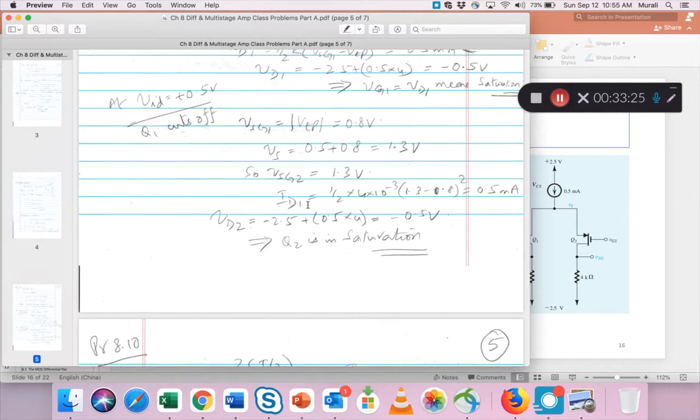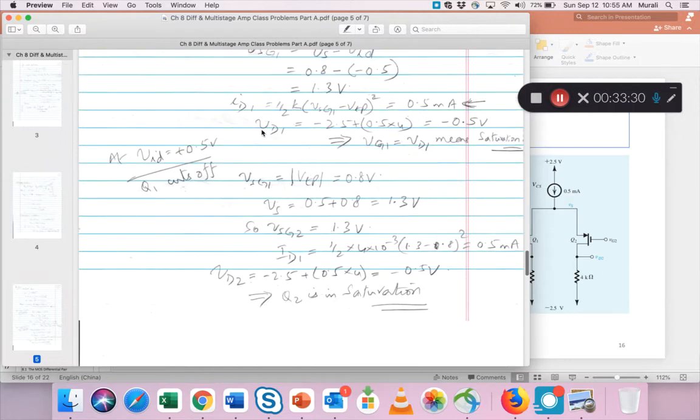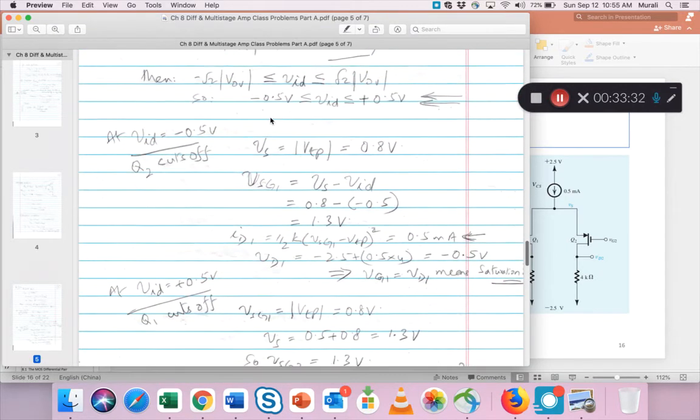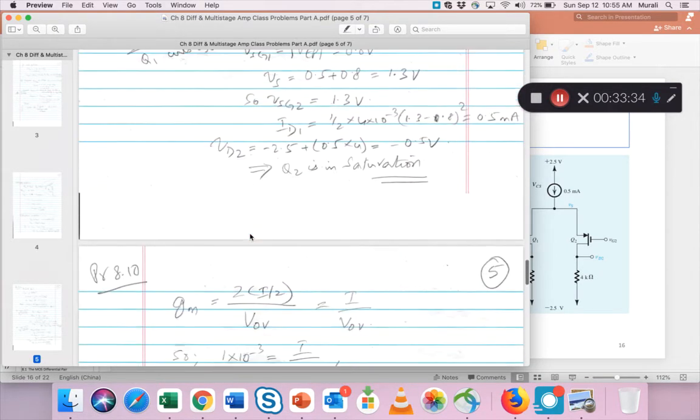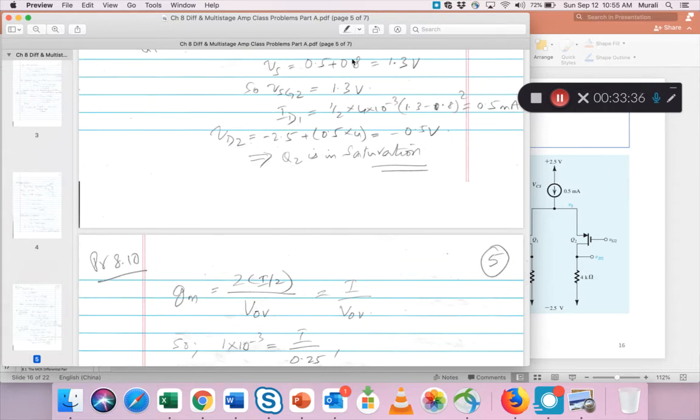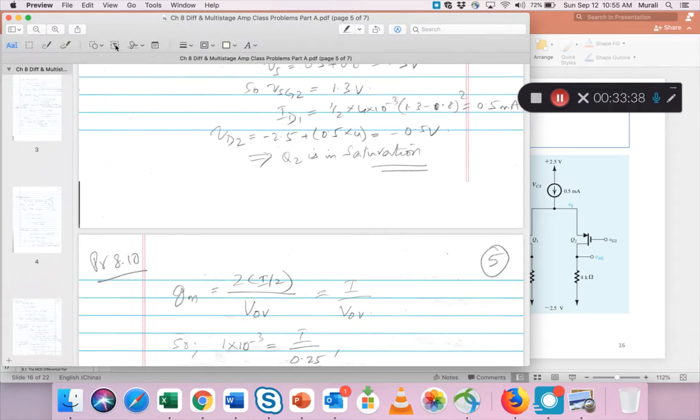Sorry, this should be ID2. Mistake, big mistake. We calculated ID1 previously, so here this should be ID2. I don't know why it's gone.